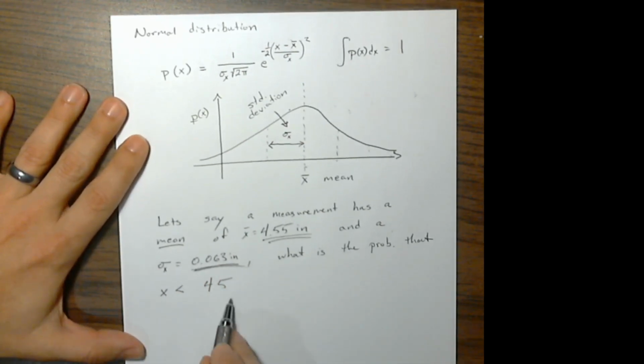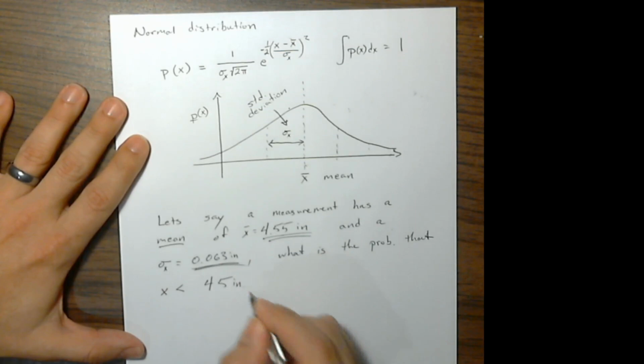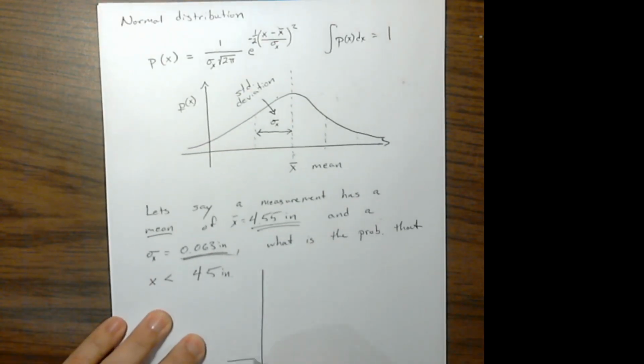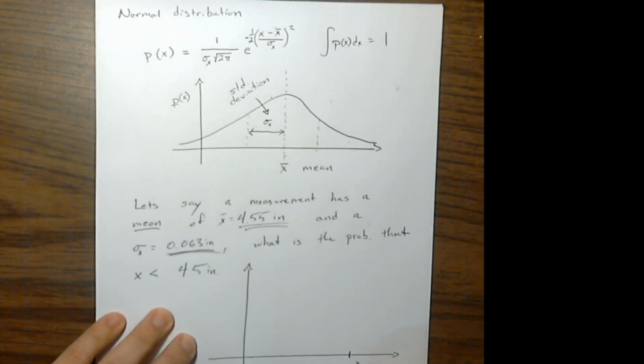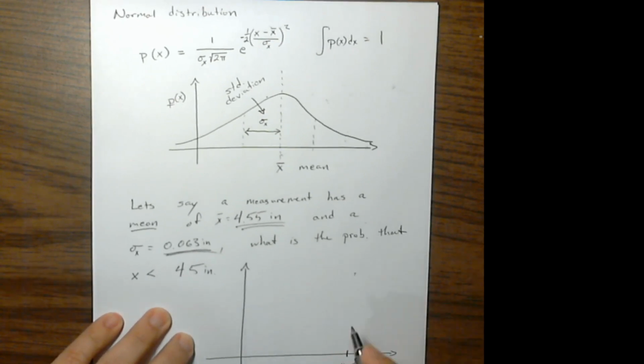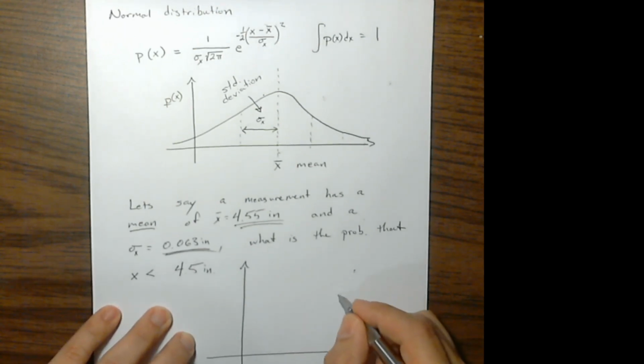What's the probability that x will be less than only 4.5 inches? So here's my mean, and I am 50 thousandths off to the side, so I'm here, and I'm less than a standard deviation away.